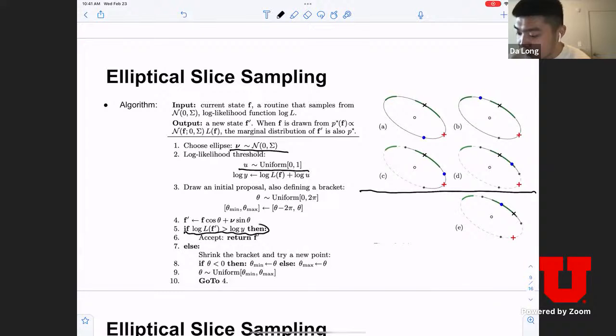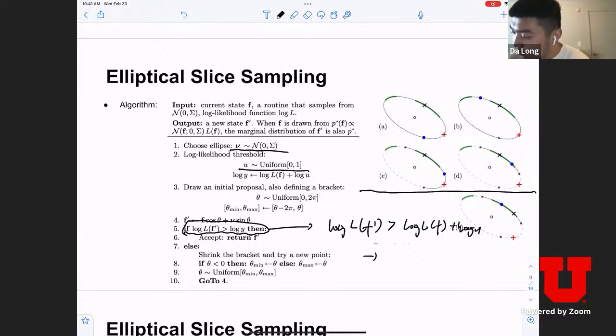The check is here: greater than log L f plus log U. If U is less than this acceptance rate, it will accept the new sample.